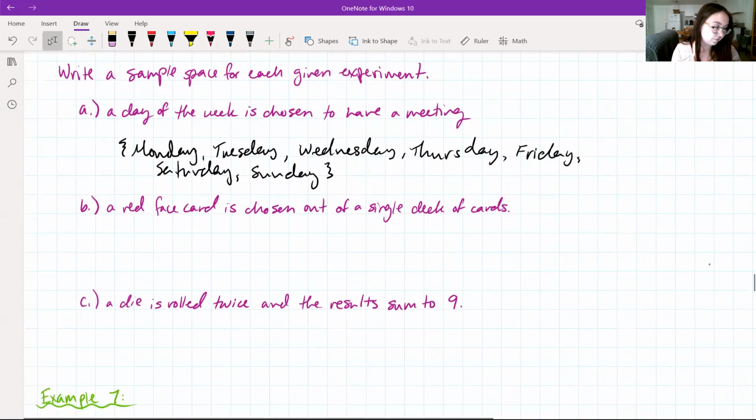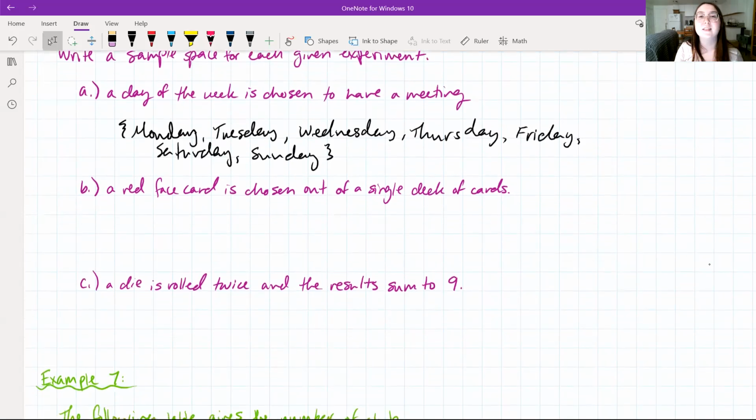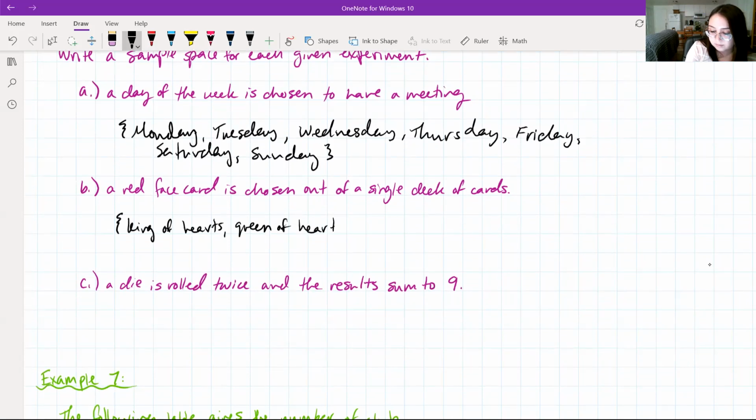So when we end up writing this out, we just want to list all the different options. So we can start with the suit hearts. So we can say King of Hearts, Queen of Hearts, and Jack of Hearts. All right, so that's 3.